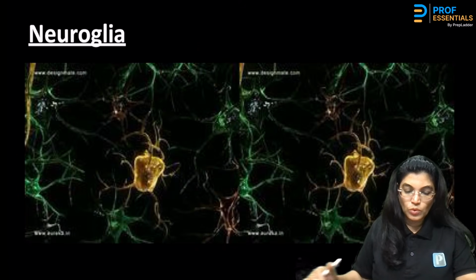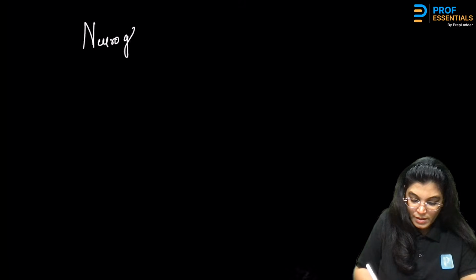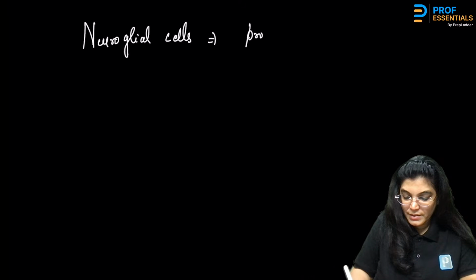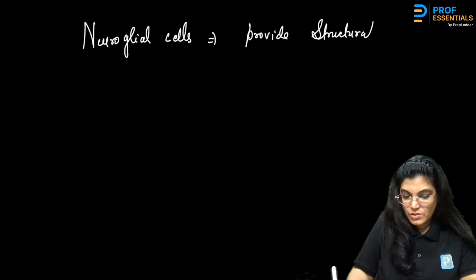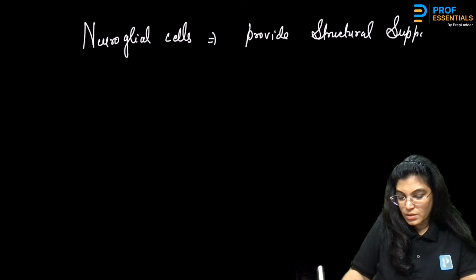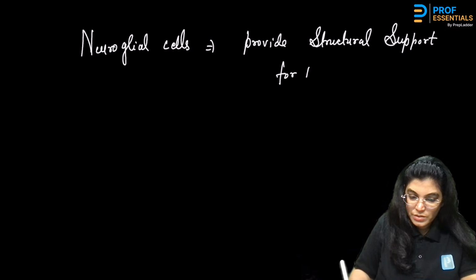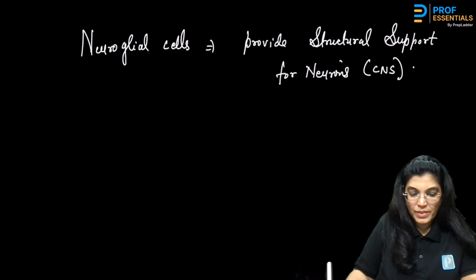Neuroglial cells provide structural support for neurons in the central nervous system.